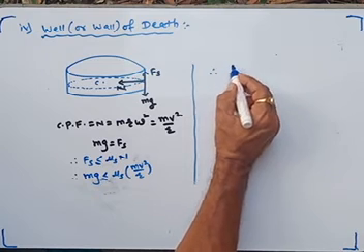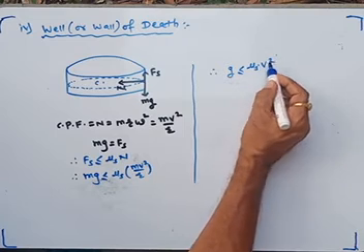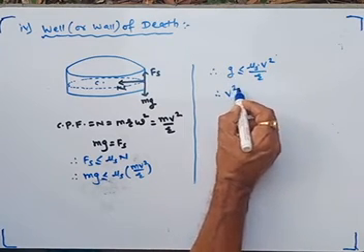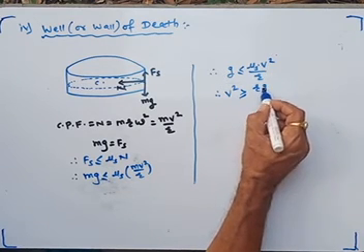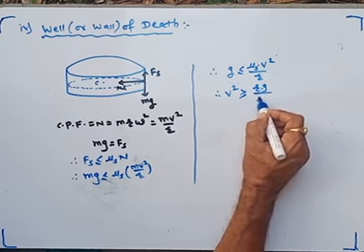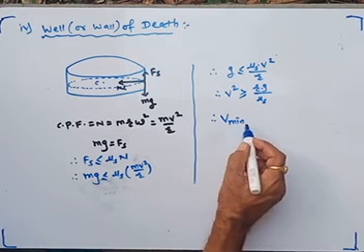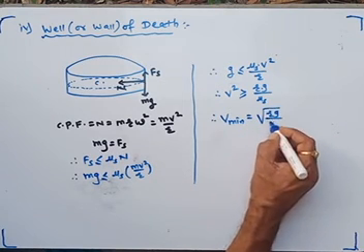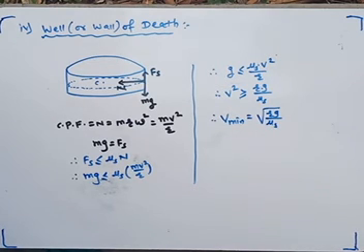Therefore g is less than or equal to mu s into v square upon r, and therefore v square is greater than or equal to rg upon mu s, and therefore v minimum is equal to square root of rg upon mu s. This is the minimum speed. Below this speed, the vehicle skids in downward direction.